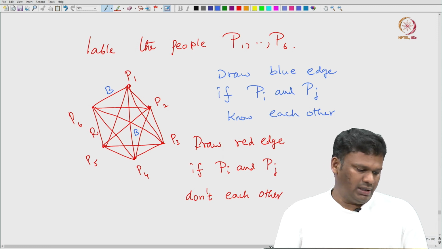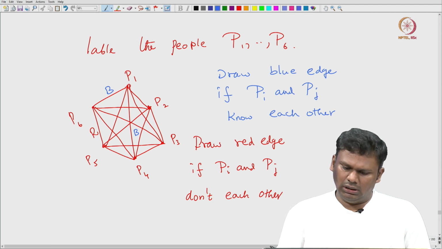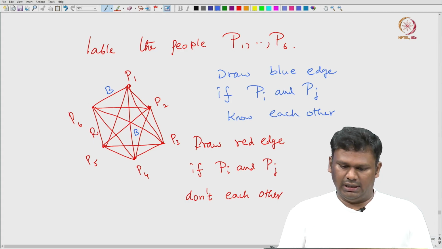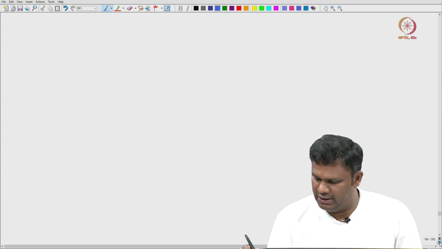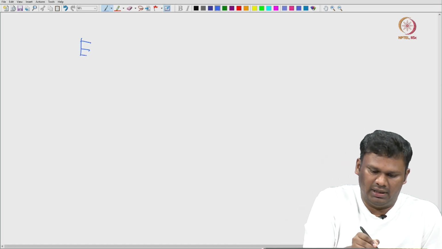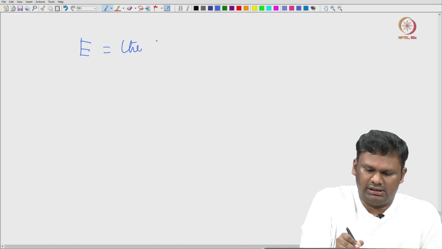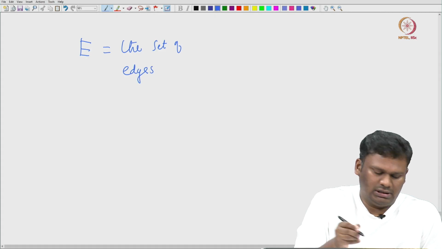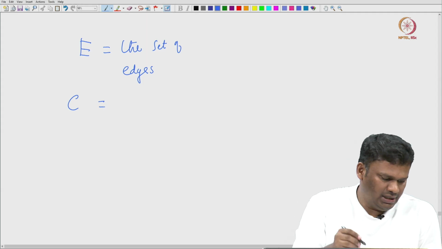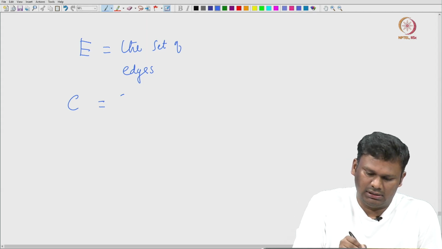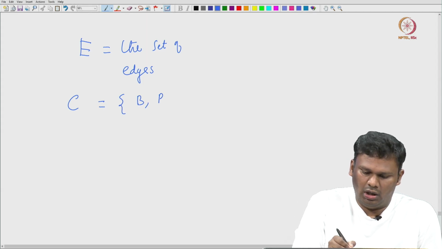So, if you think about it, my set is going to be the set of edges. So, you can collect all the edges and that is going to be my E. So, this is the set of edges and my C, that is going to be the colors, either blue or red.